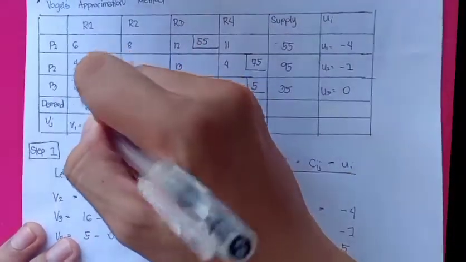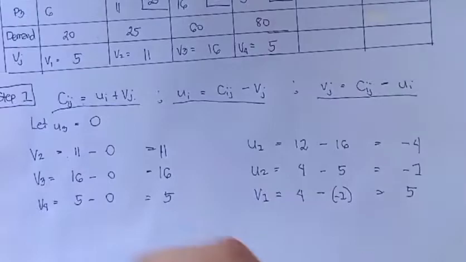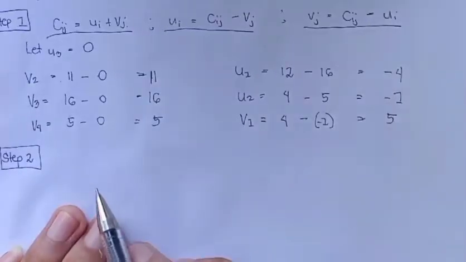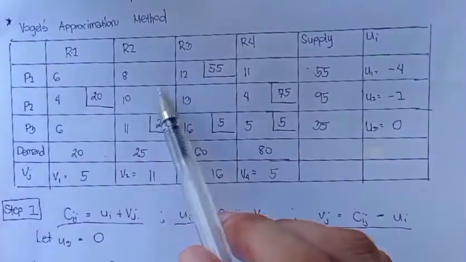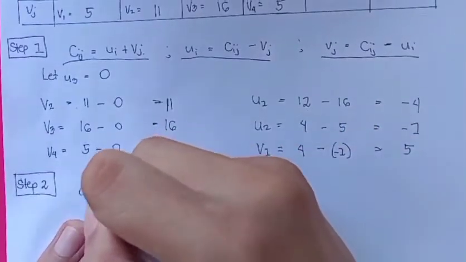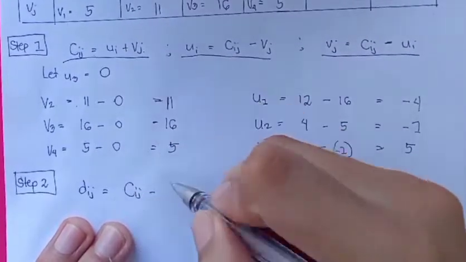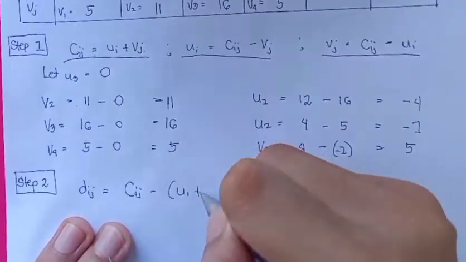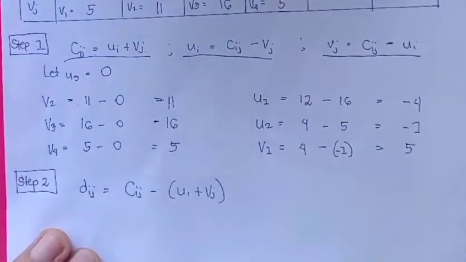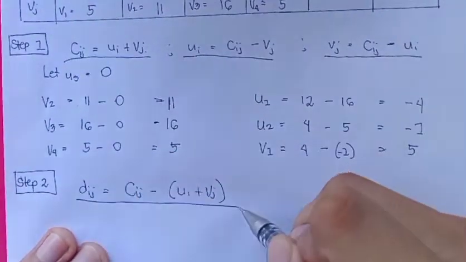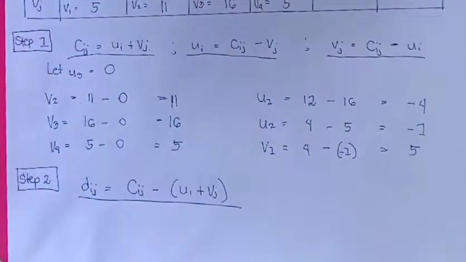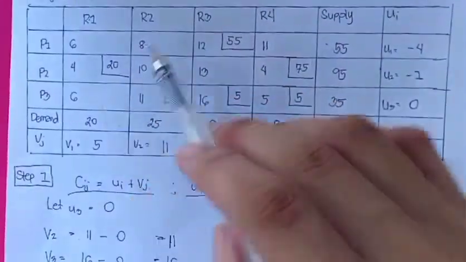Our V1 is 5. Our second step, we need to find Dij for all unoccupied cells, where Dij is equal to Cij minus Ui plus Vj. So that is our formula in evaluating the unoccupied cells.